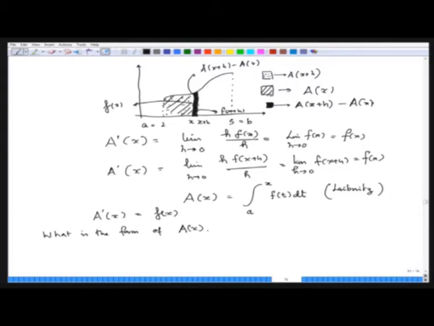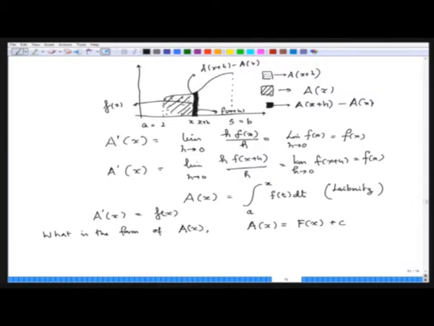In general, A of x would be of the form F of x plus c, because A dash x would anyway give f of x. But you say okay, you have a constant added here. Do you want to mean that for the same x you have different values of the area? I said no, it cannot have a different value of the area, this c has to have some meaning.